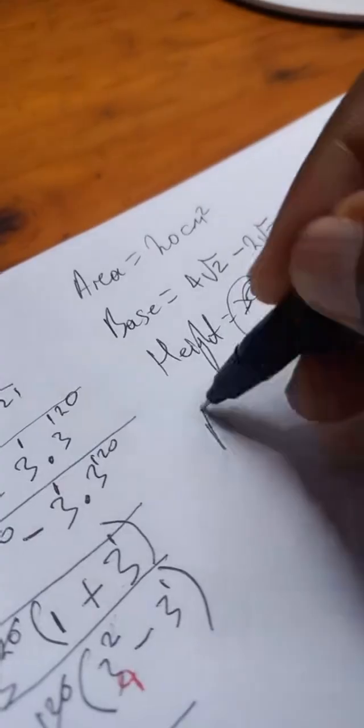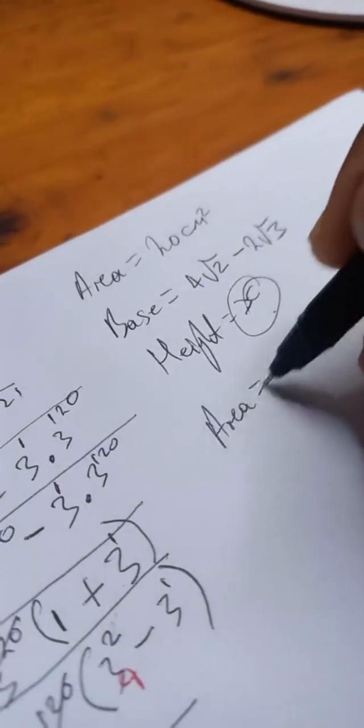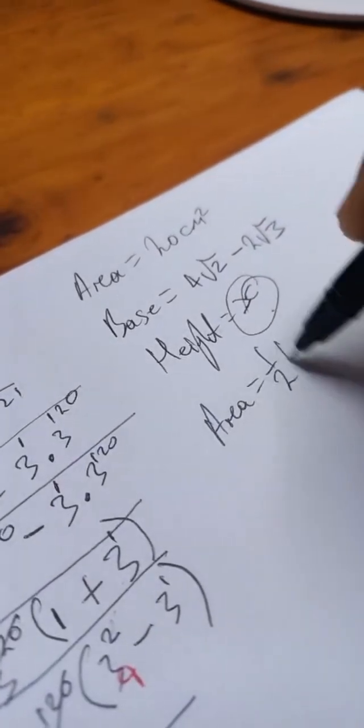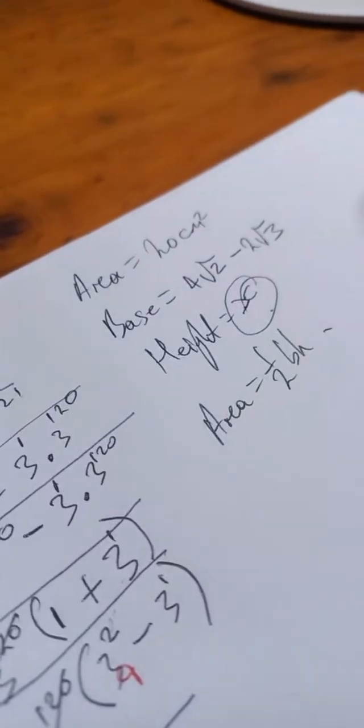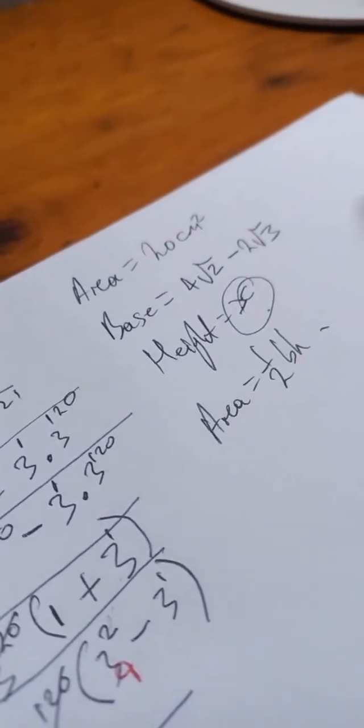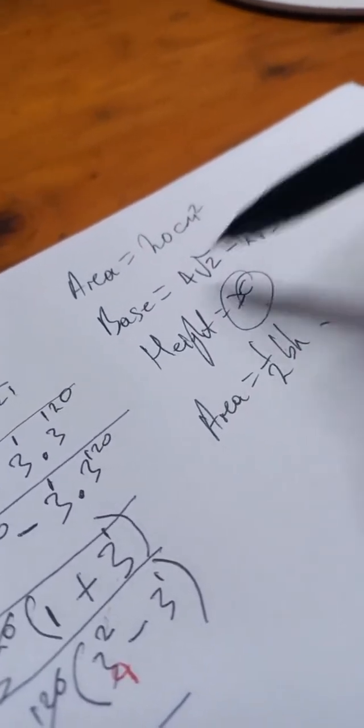So the formula for area: area is half base times height.